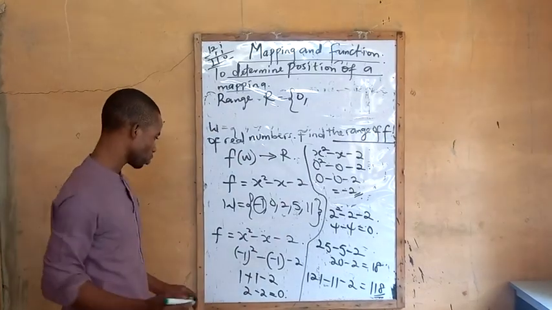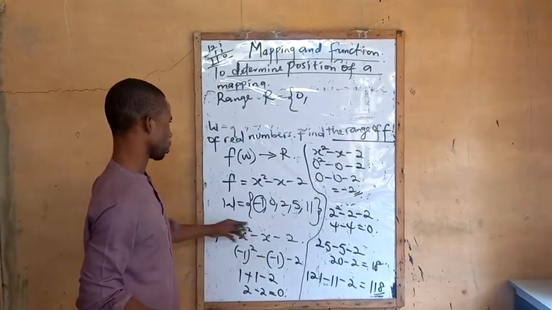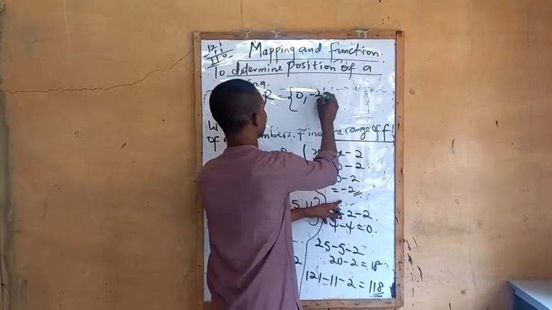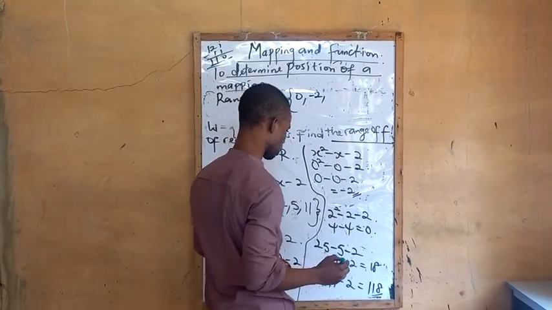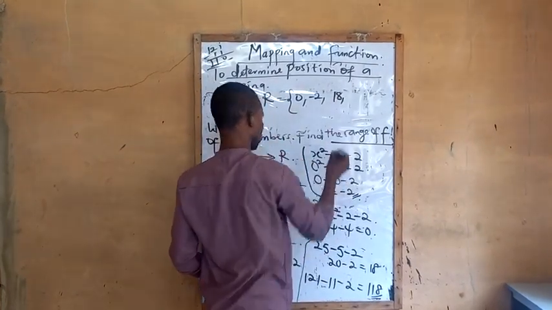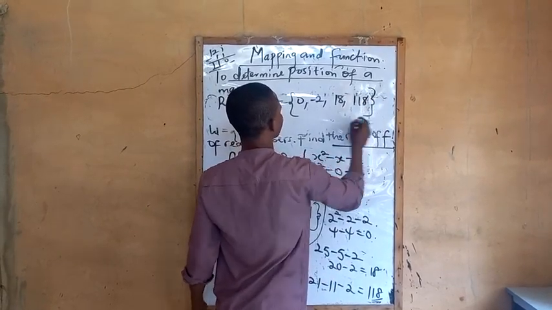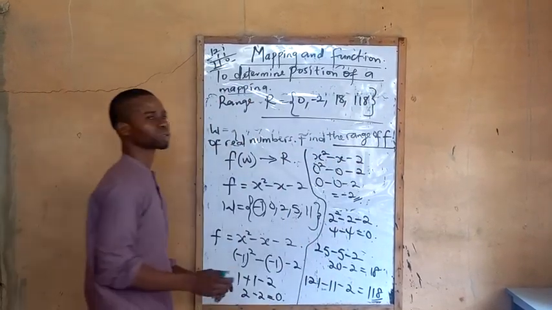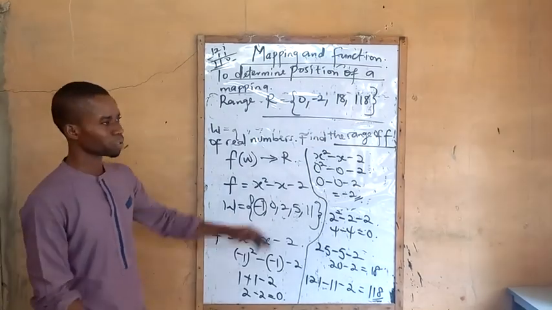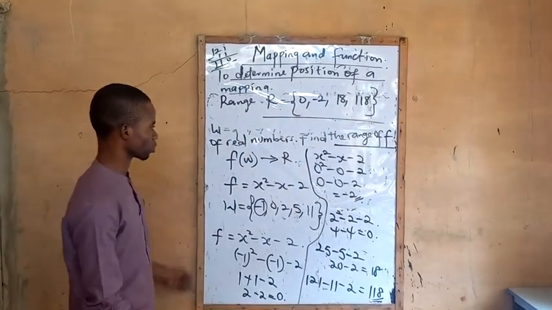We got 0. We got minus 2. We got 18. And we got the last one. So this is our range, the range of this function.